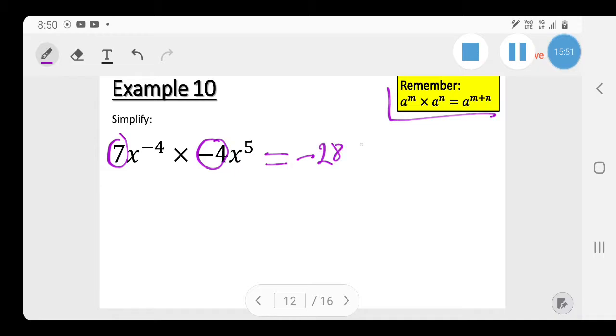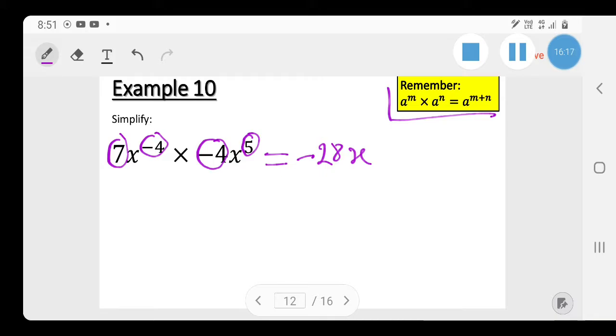And now we have to deal with the x. So I'm going to write down an x, now figure out its power. Minus 4 plus 5. Well, imagine the number line. Imagine you've got a dot at minus 4, and then you do 5 hops to the right. 4 hops will get you back to 0, but we have to do 5 hops. So we do 1 more hop to the right, and we get back to 1.